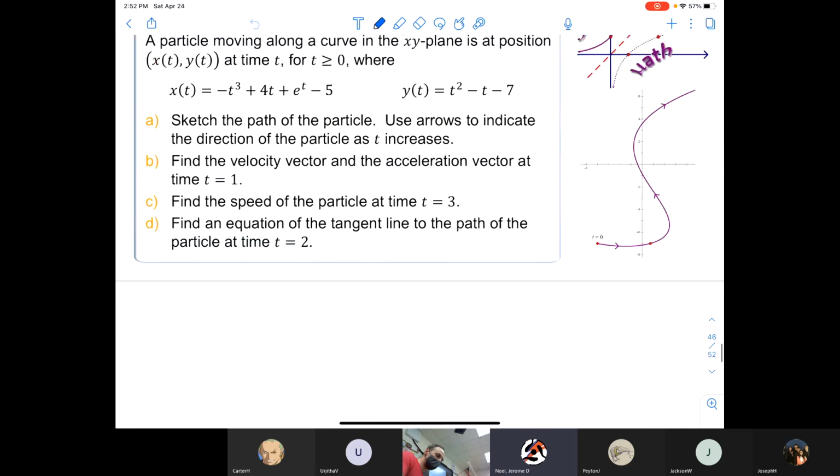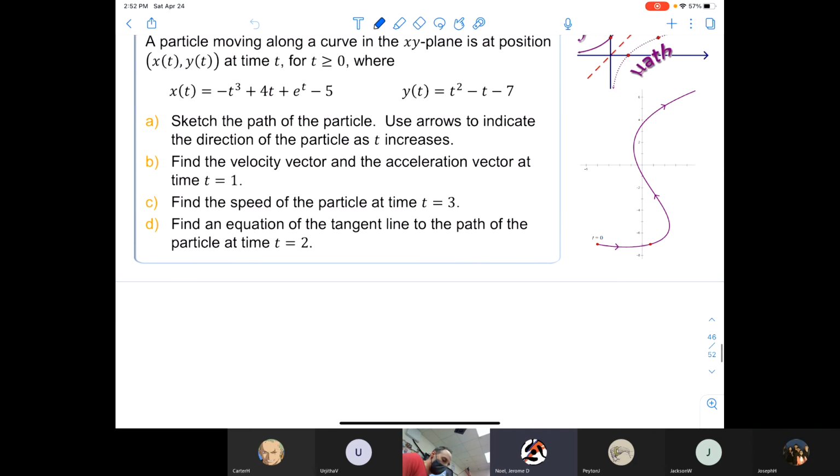All right, here we go. To find the velocity vector, we're going to take the derivative of each of the components. Very simple. It should be -3t squared plus 4 plus e to the t, comma 2t.